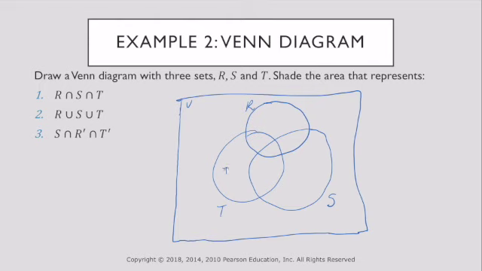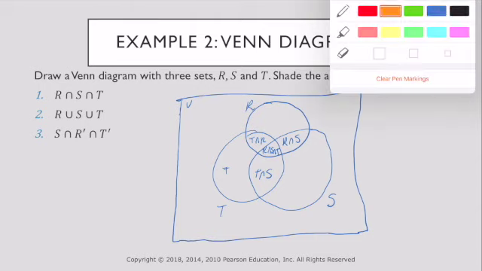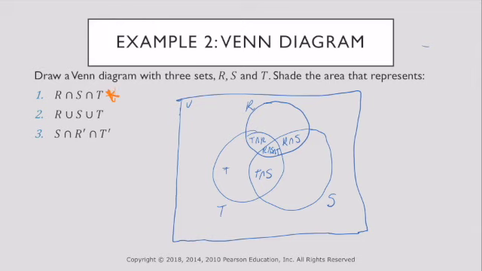This is T intersect R, this is R intersect S, this is T intersect S, and this is R intersect S intersect T. This is where they all overlap. So in orange, R intersect T is this area in the center right here.